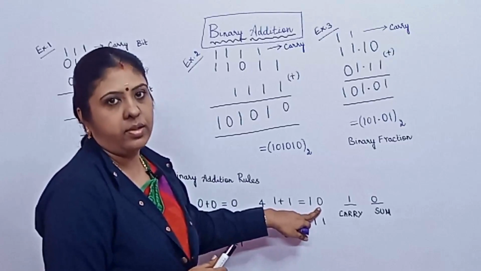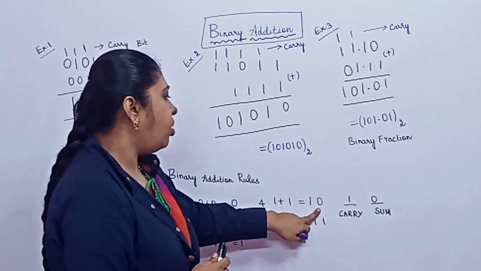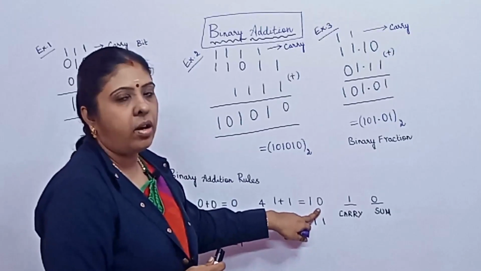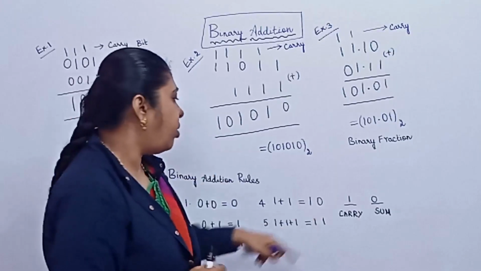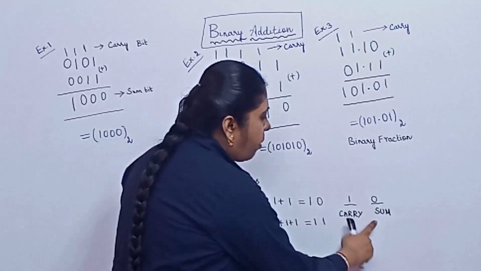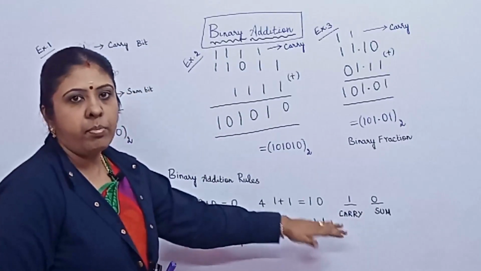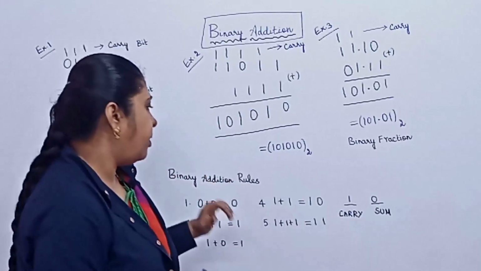We all know this, it is a basic thing. This 1 0 consists of 0 as the sum bit and 1 as the carry bit. Just remember this, and in the examples you will be clear.